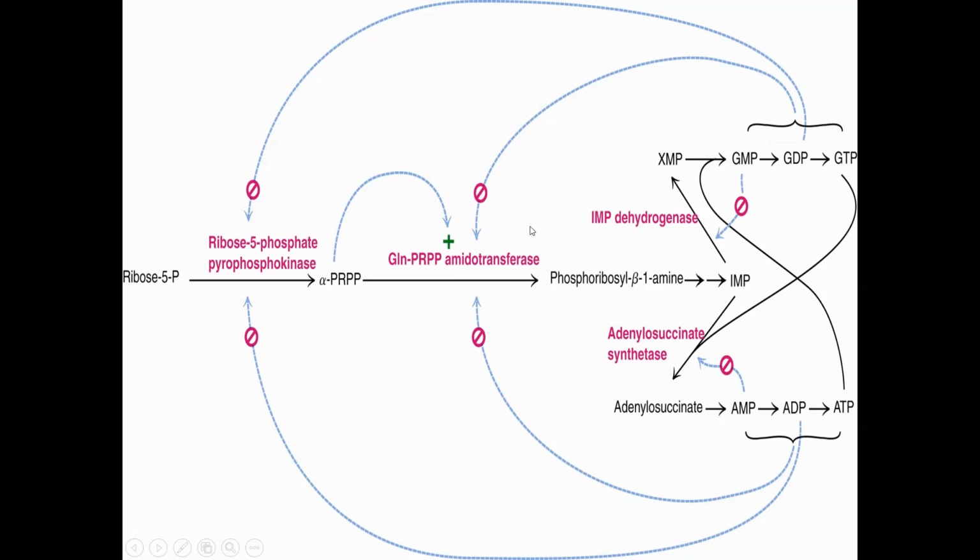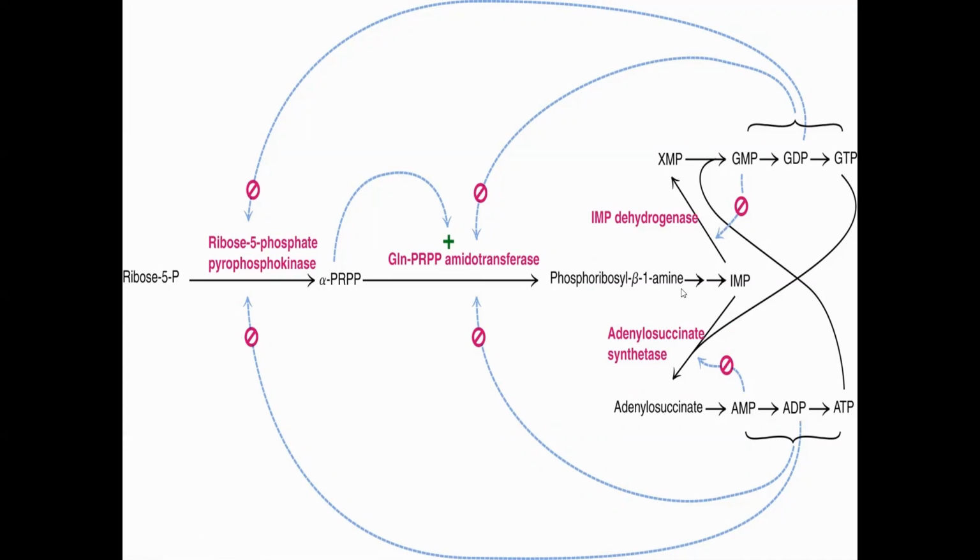But if there is a sufficient amount of GMP and AMP in the cell, GMP feedback inhibits the enzyme IMP dehydrogenase, AMP inhibits adenylosuccinate synthetase, and if there is a sufficient amount of GTP, it will inhibit aminotransferases and also pyrophosphokinases.